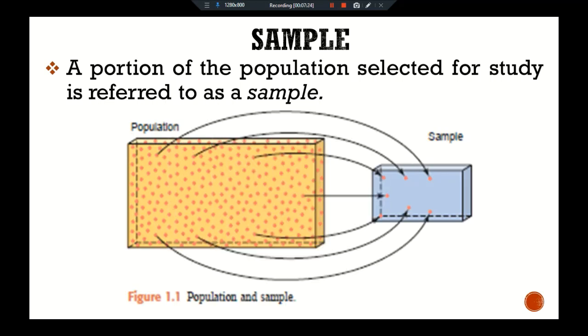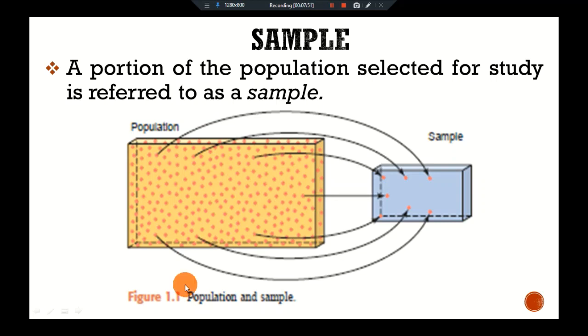Okay, let's see the graphical presentation for the sample and population. As we have discussed, the population is all the items or subjects which we are interested to study, and we normally make decisions based on some selected part of this population.